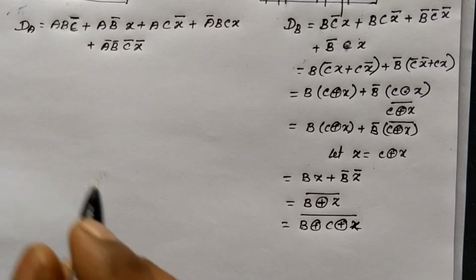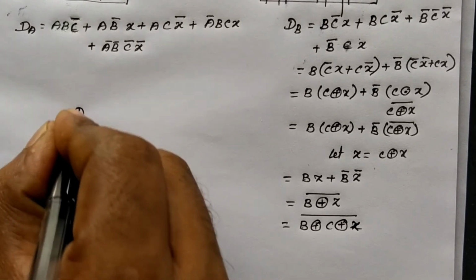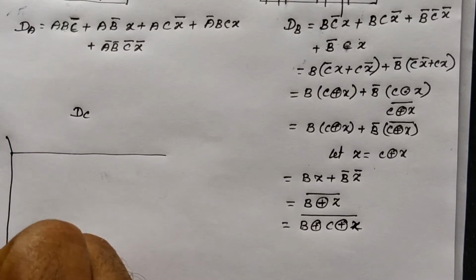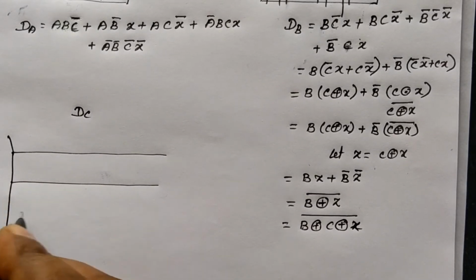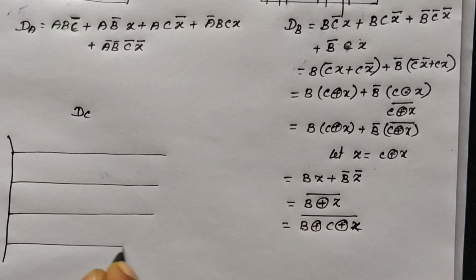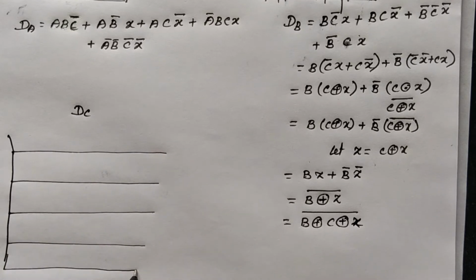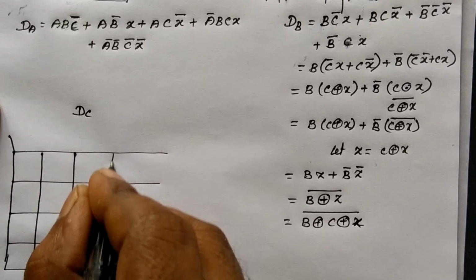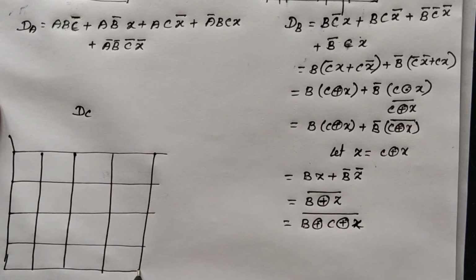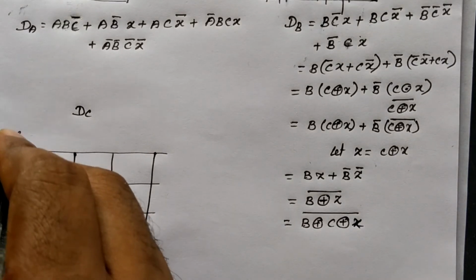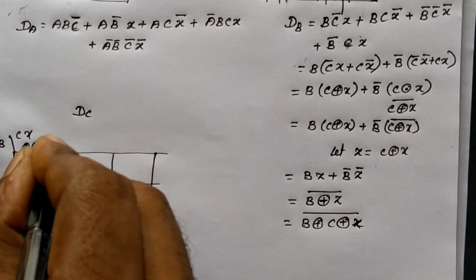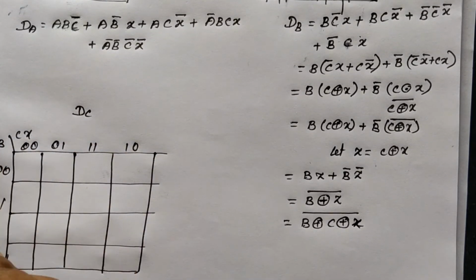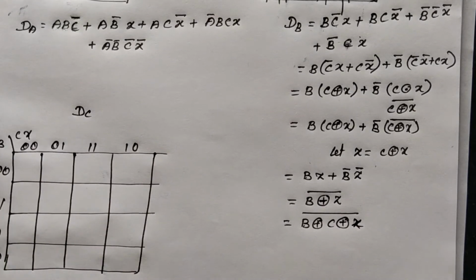Likewise for DC, A B C X 0 0 0 1 1 1 1 0 0 0 0 1 1 1 1 0.